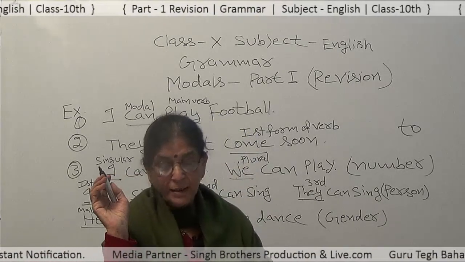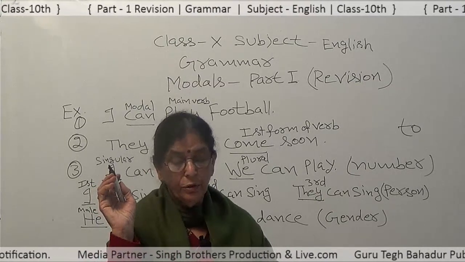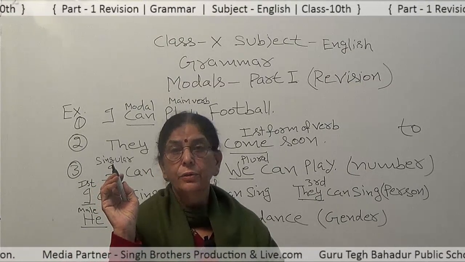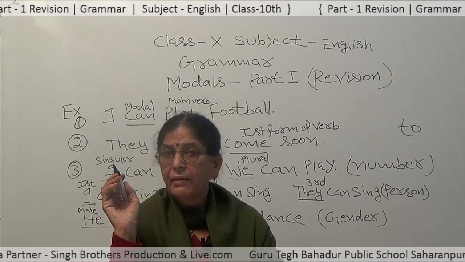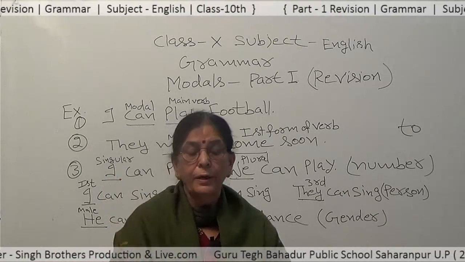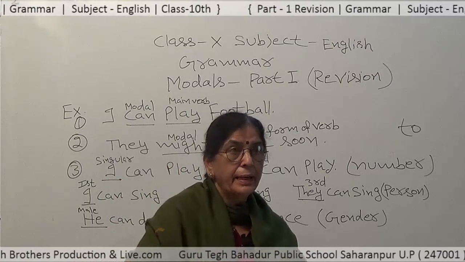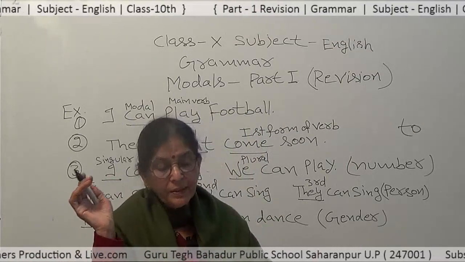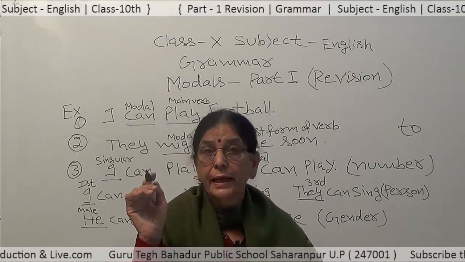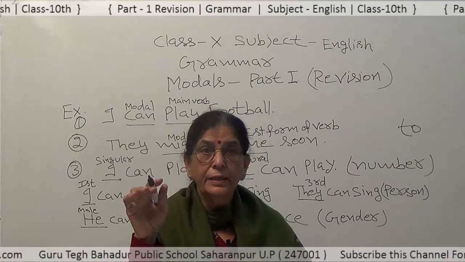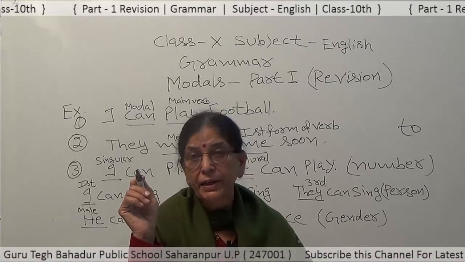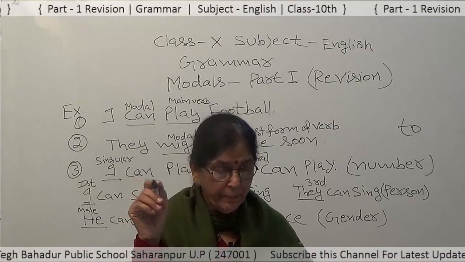We do not say to shall, to must, to can, to will, etc. Remember, modals never take to before them. Example, we must get there before time. I cannot write we to must. I have to write we must. They never take to before them.